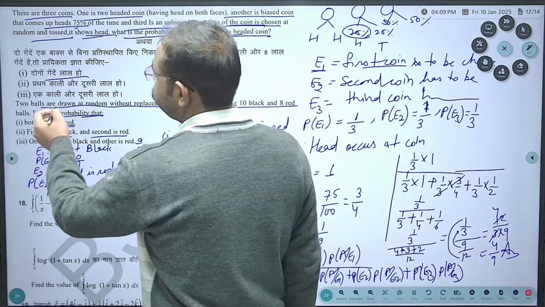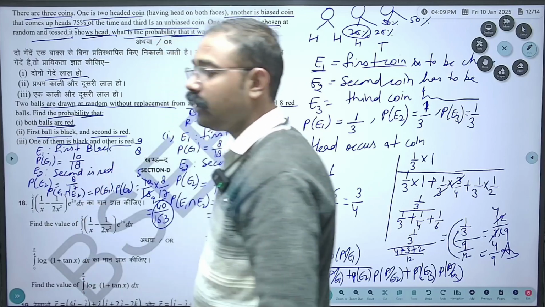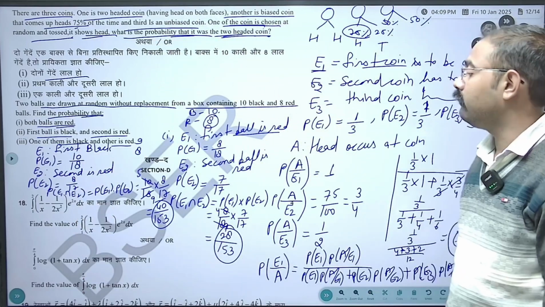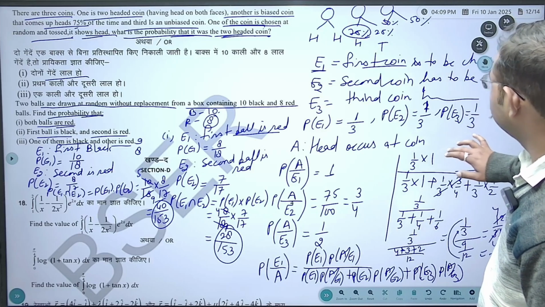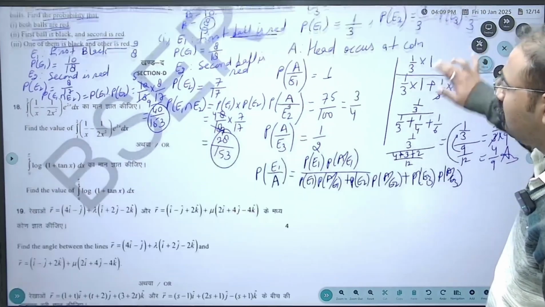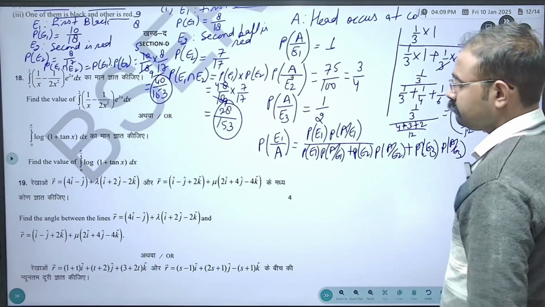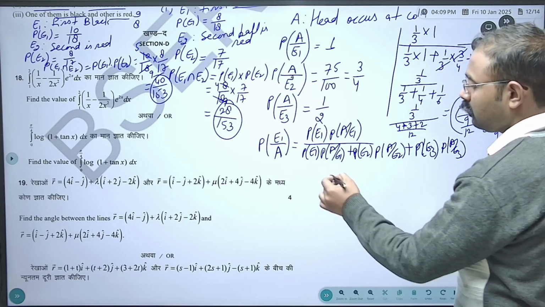The third part is one of them is black and the other is red, meaning out of those two balls, one ball is red and one is black. So for this, two conditions are possible.